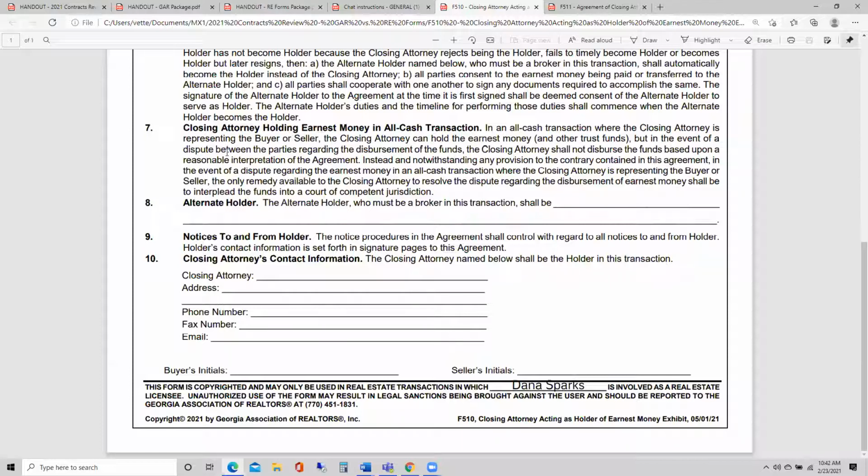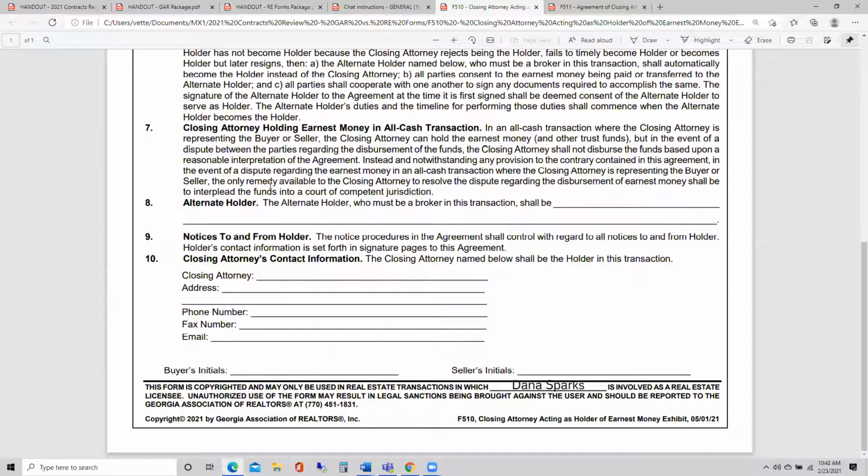But in the event of a dispute between the parties regarding the disbursement of funds, the closing attorney shall not disperse the funds based on reasonable interpretation. Instead, and notwithstanding any provision to the contrary, in an all-cash transaction, the only remedy available to the closing attorney to resolve the dispute shall be to interplead the funds into a court.